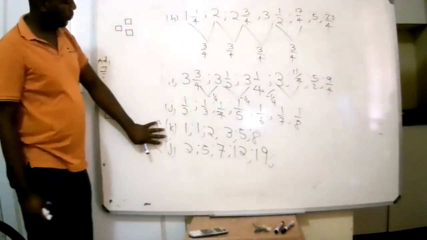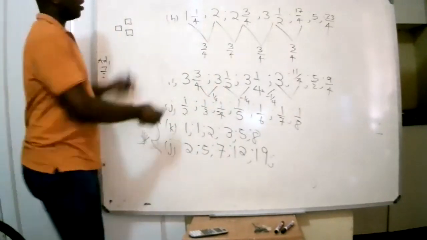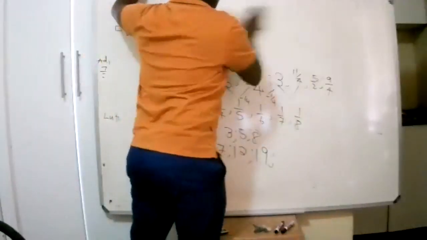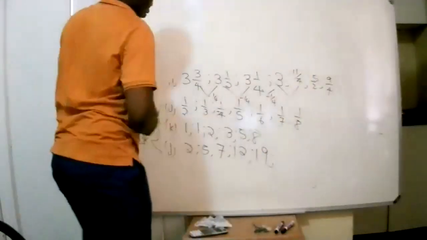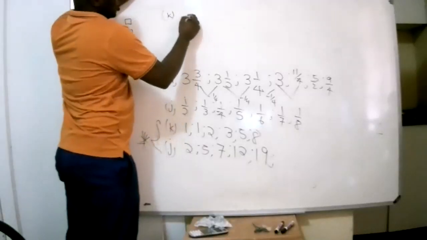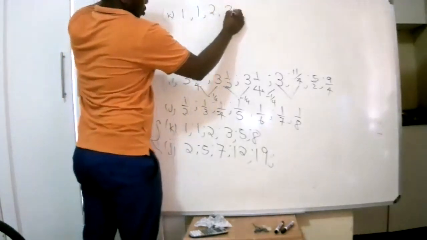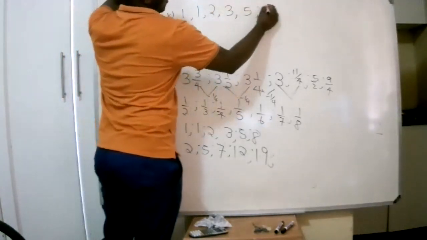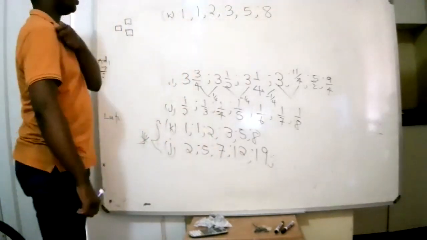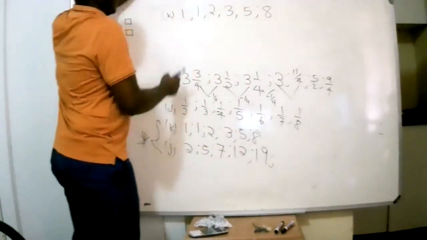Now our focus is on these last two questions, because they seem to be the ones giving you a problem. So I'm going to do a correction for those questions now. We have 1, 1, 2, 3, 5, and 8, and we are required to get the next 3 terms after 8.